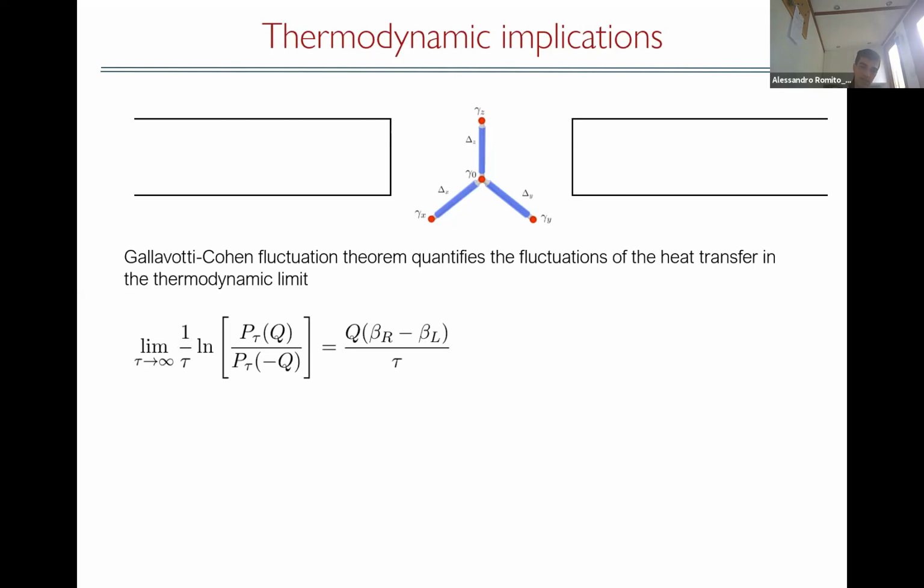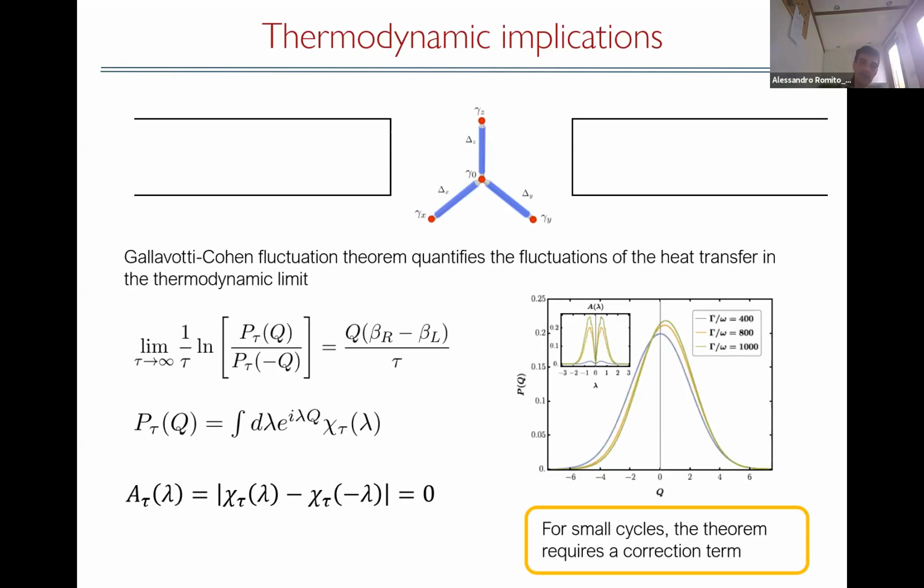One aspect is for this kind of system to fulfill fluctuation theorems. They have many forms, but one that can be used very efficiently for this system is that of Gallavotti-Cohen fluctuation theorems, which is expressed here in terms of the probability of transferring a certain amount of heat Q between one lead and the other in a certain amount of time tau in a long time limit, and the corresponding process in which you transfer the opposite amount of heat.